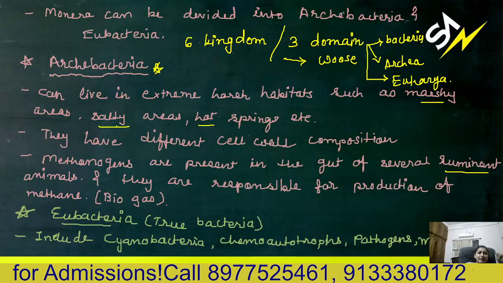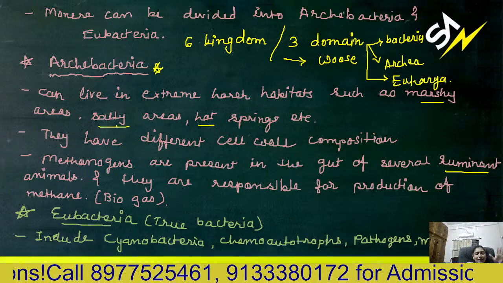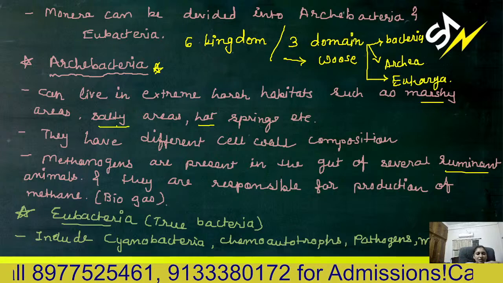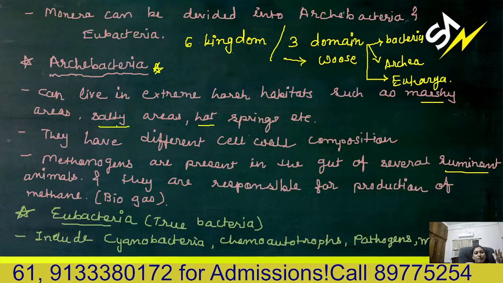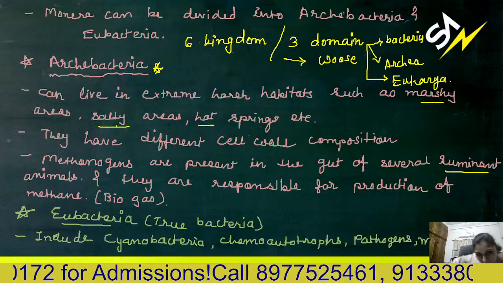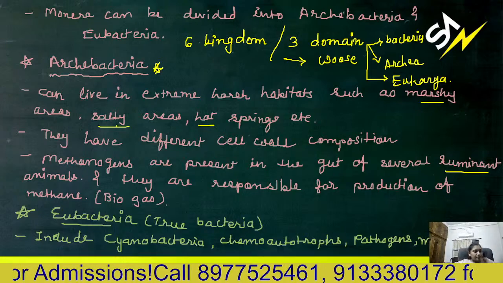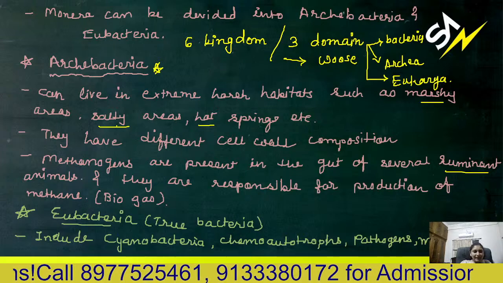In the rumen, methanogens are there, and methanogens will also be present in the dung of all these animals. So methanogens are the bacteria which can produce methane. So methane gas, we can use as biogas, as a fuel. I hope this is getting clear till Archaebacteria.